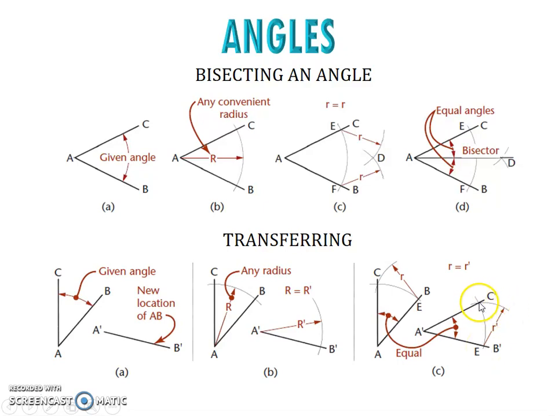Then you will find the intersection point over here, point C dot. Then you can connect directly from A dot to C dot. Then you can transfer the angles with equal space.